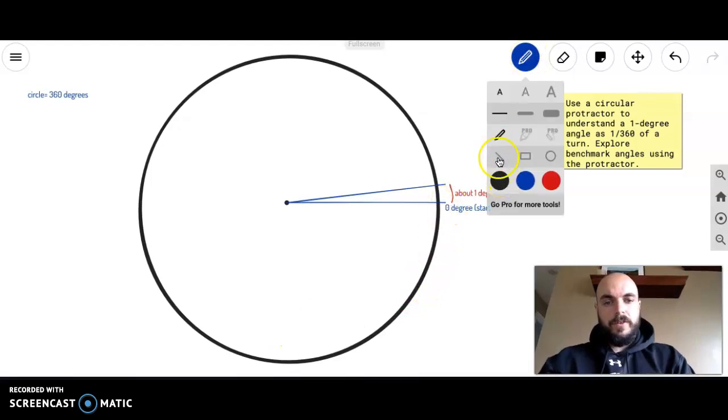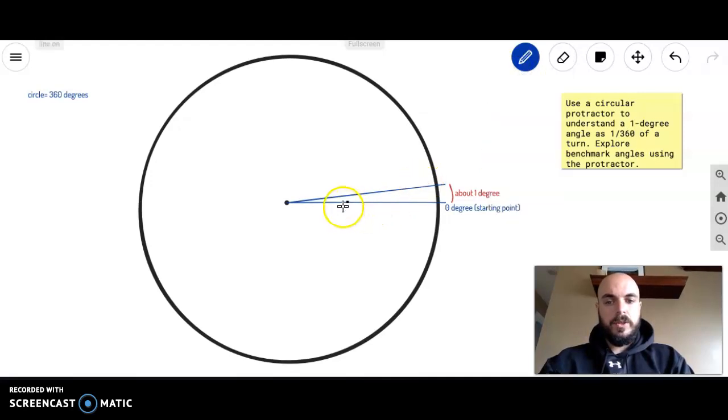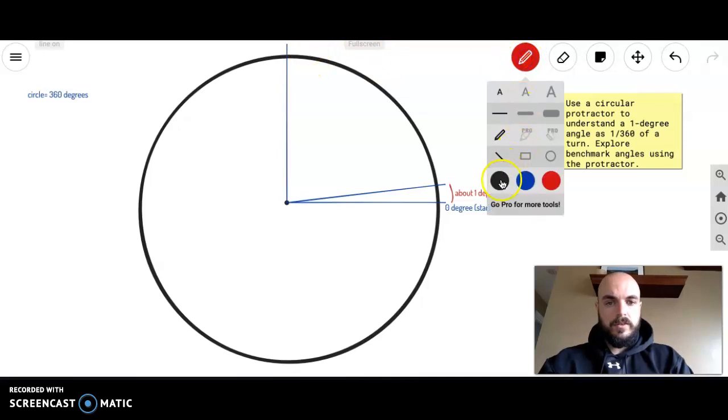Now I'm going to draw first our right angle, our 90 degrees. Still using this bottom line as my start, 90 degrees goes exactly up like this. So this big long piece here is 90 degrees. And I'll fill that in with red.